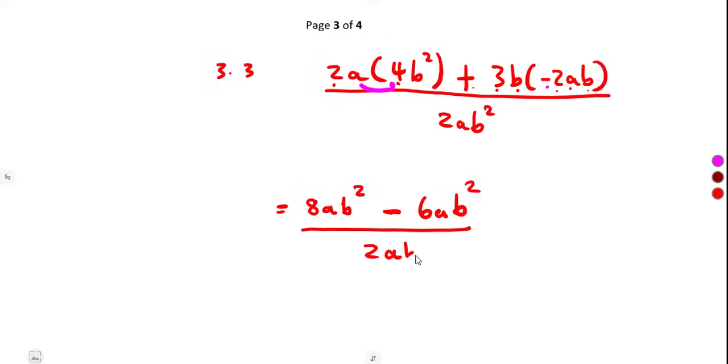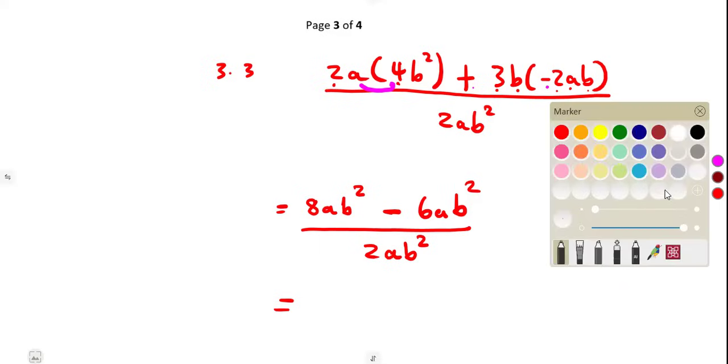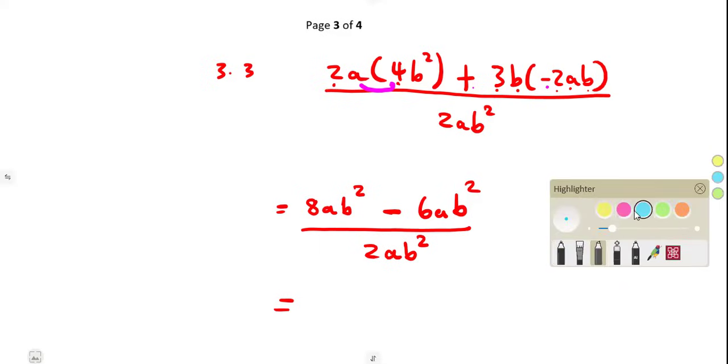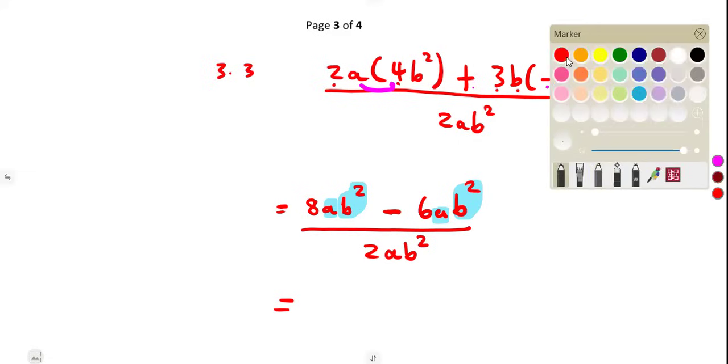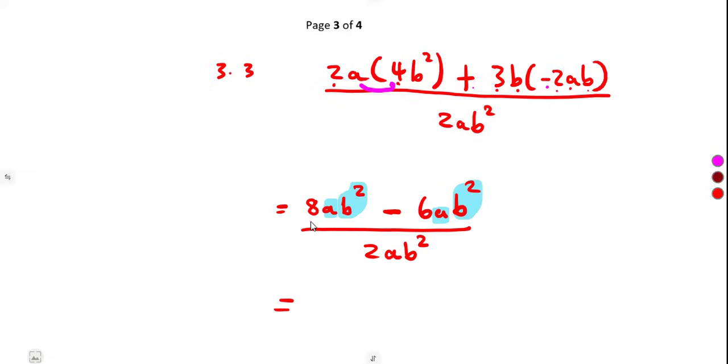Over 2ab squared. Remember, like terms, it is because we have same term, same exponent, same presentation, guys. As we can see here, ab squared, ab squared, same presentation. These are like terms. So we can even subtract here 8 minus 6.